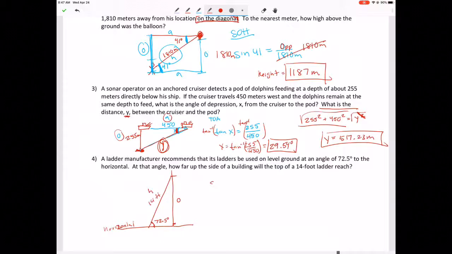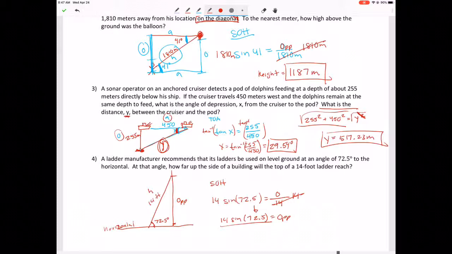So here we would use sine, because sine uses opposite and hypotenuse. So sine of 72.5 is equal to opposite over hypotenuse. Or we'd get 14 sine 72.5 equals the opposite. We multiply 14 on both sides. That's what we get here.